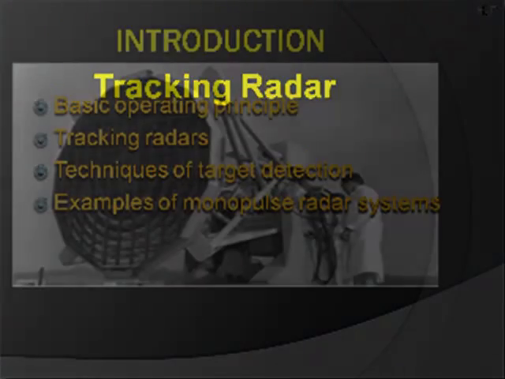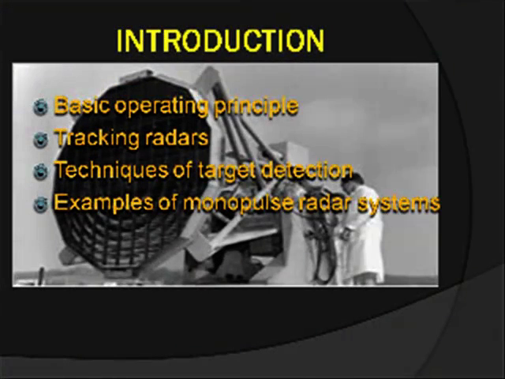So, in this class, we shall see what is the basic operating principle of a tracking radar, what are the types of radars available, what are the techniques used to improve the target detection, and some examples of tracking radars.